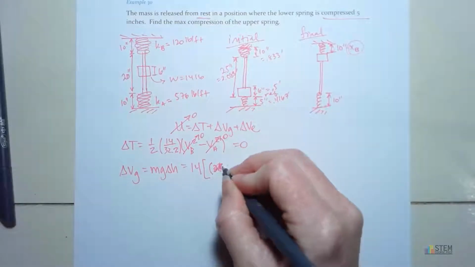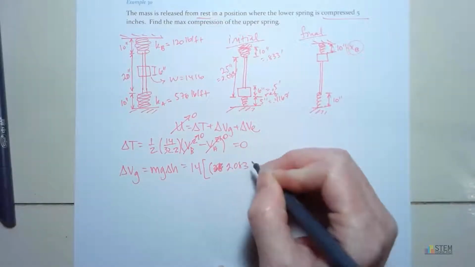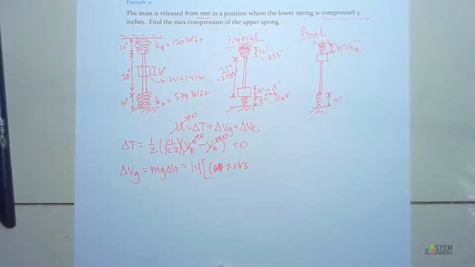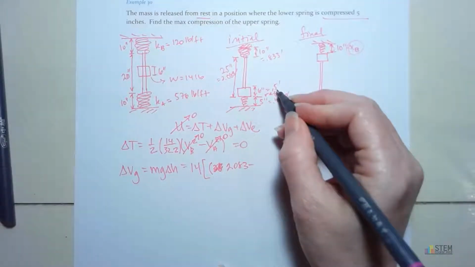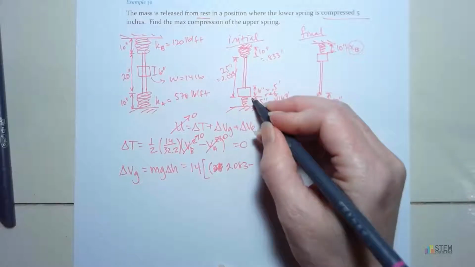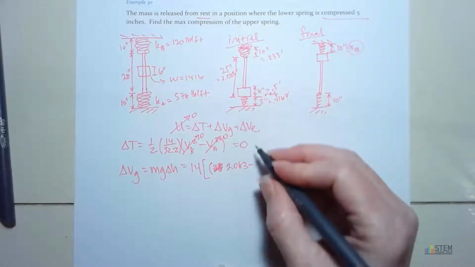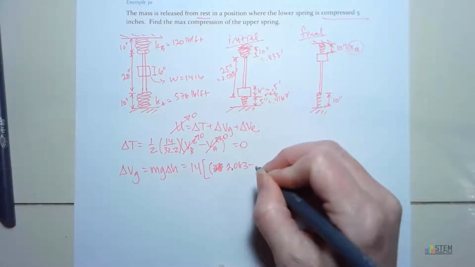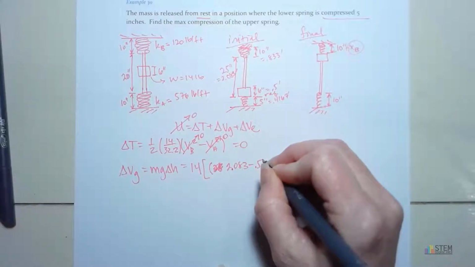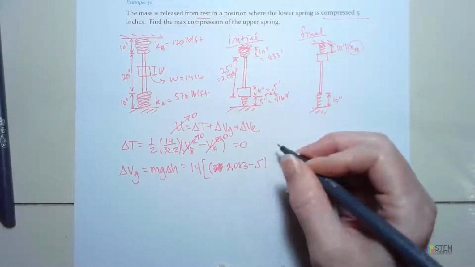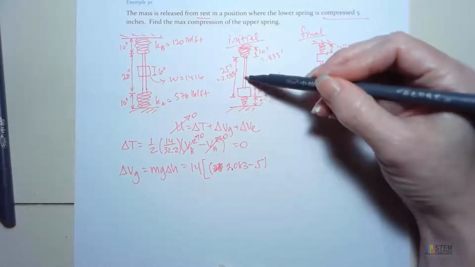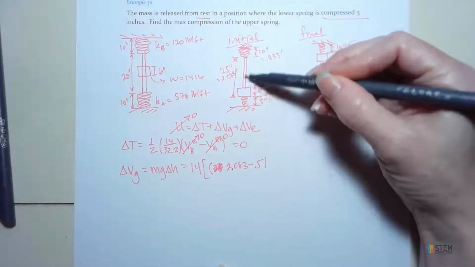Whoops, that's not right, 25. 2.083. And then what we need to do is subtract this 0.5, because the slider is 6 inches itself. So let's go ahead and subtract the 0.5. Once we get that, that gives us this distance here, right?